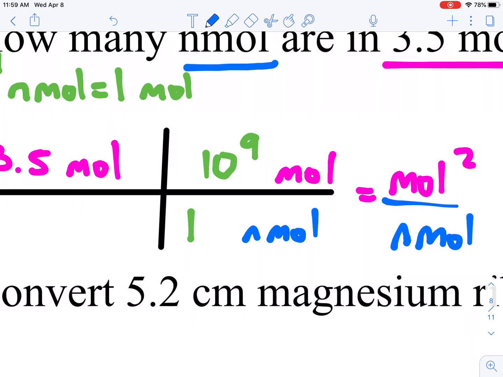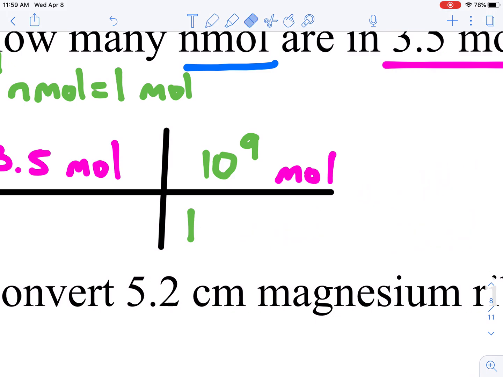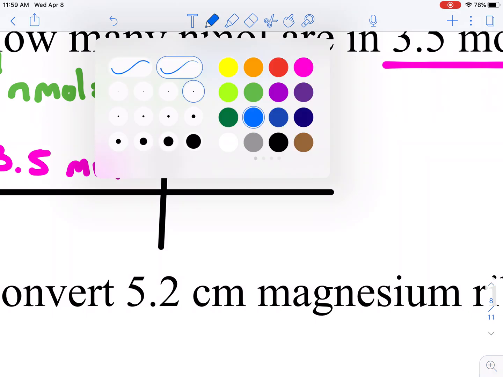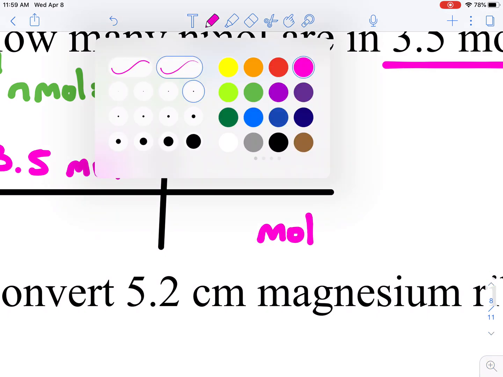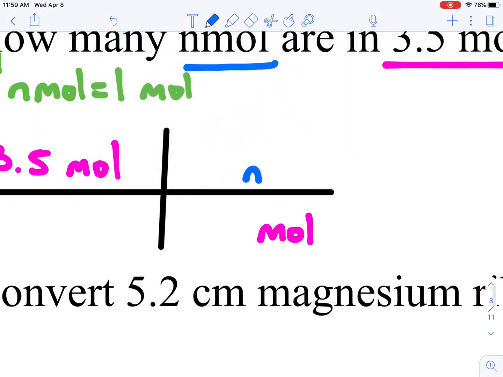So there are really only 2 things you have to check with dimensional analysis to ensure that you have this correctly. Number 1 is you have to make sure your units cancel. Our moles is on the top, so we're going to put moles on the bottom to cancel out. That's step 1. That also results in putting nanomoles on top. Step 2 is to make your equation correct. It's not 10 to the 9th down here; we just proved that to ourselves. It's 1 mole equal to 10 to the 9th nanomoles on top.